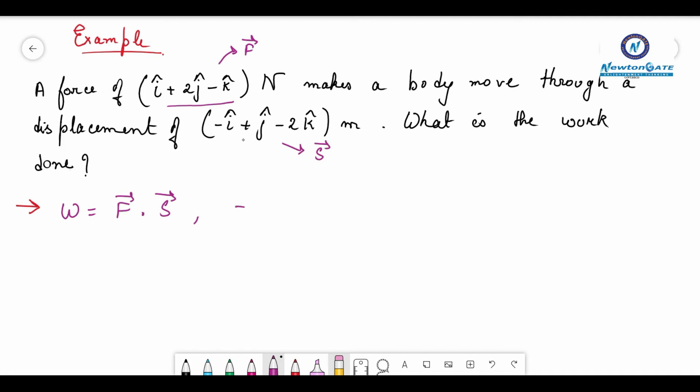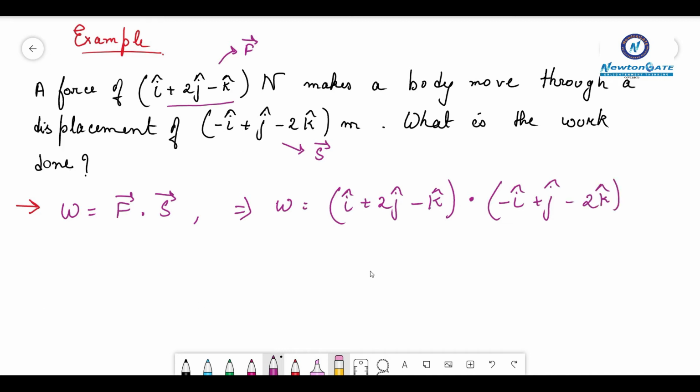So I can write work is equal to i cap plus 2j minus k cap dot minus i cap plus j cap minus 2k cap.